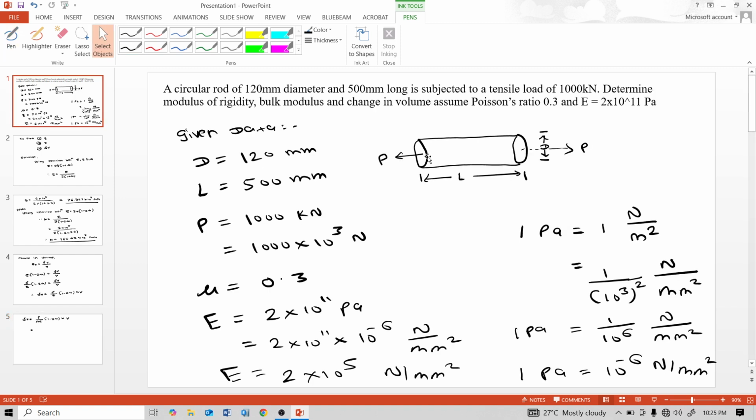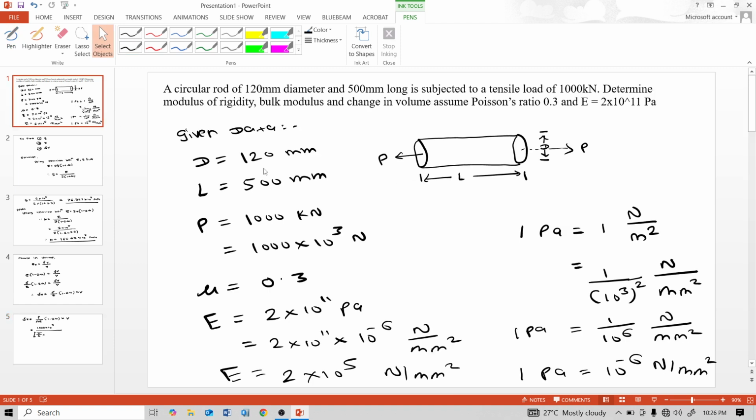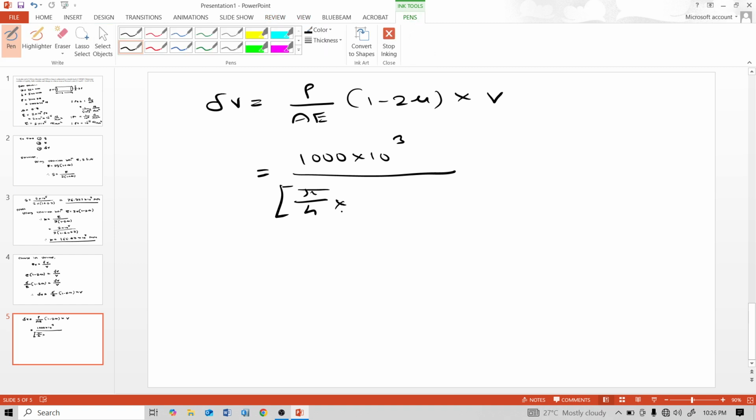This P is 1000 into 10 raised to 3, divided by area, pi by 4 into 120 square, multiplied by E, which is 2 into 10 raised to 5, multiplied by 1 minus 2 into 0.3, multiplied by V.